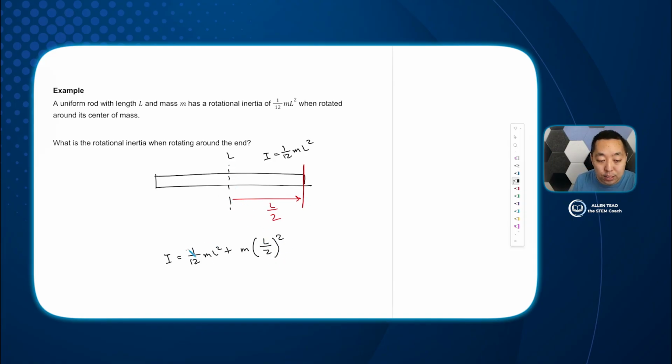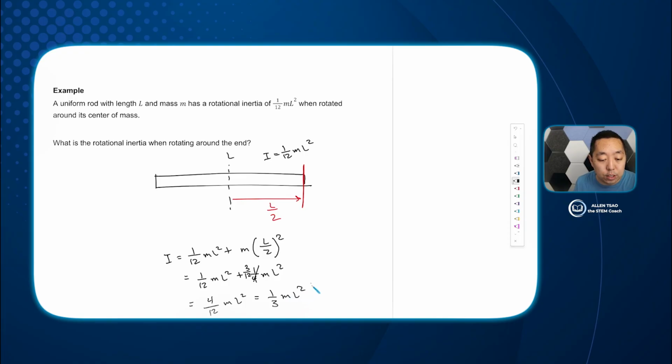Now, you've got to remember, this has to be the center of mass axis. It can't just be any axis, it has to be through the center of mass. And then this is going to be 1/4 ml² because you square the 2. 1/4 plus 1/12, well, make that 3 out of 12, and that would be 4 out of 12 ml², which is equal to 1/3 ml².